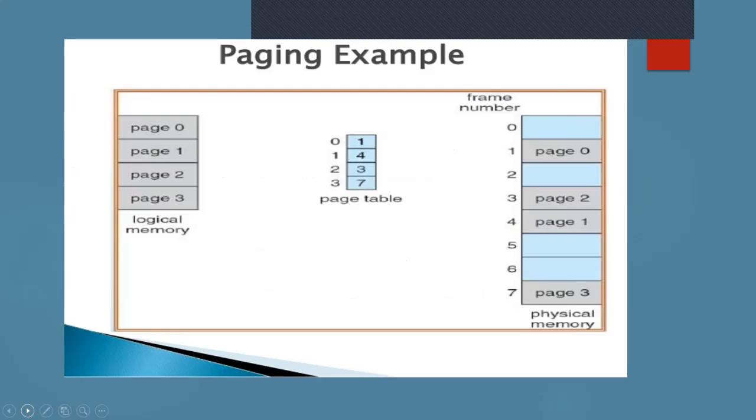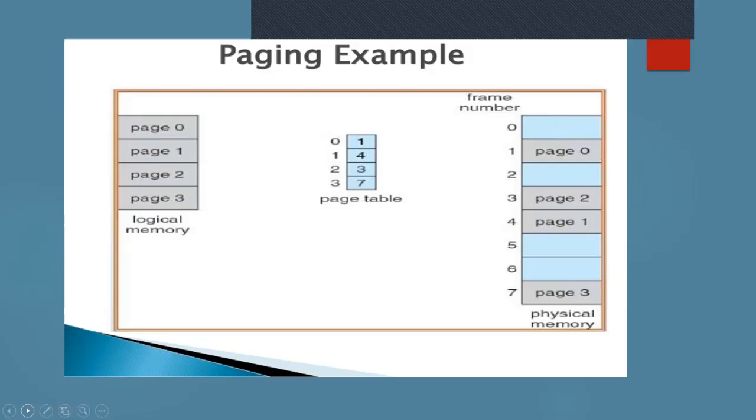So look carefully: page 0, page 1, page 2, page 3, these are logical memory. In the page table, we can see that page 0 is mapped in physical memory space, which is numbered as 1.